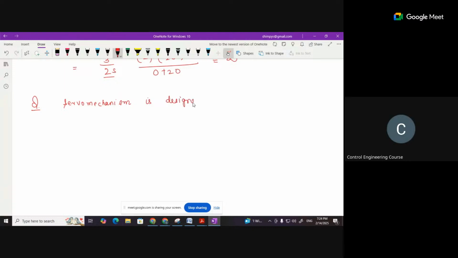The servo mechanism is designed to keep a radar antenna pointed at a flying aeroplane. Okay.